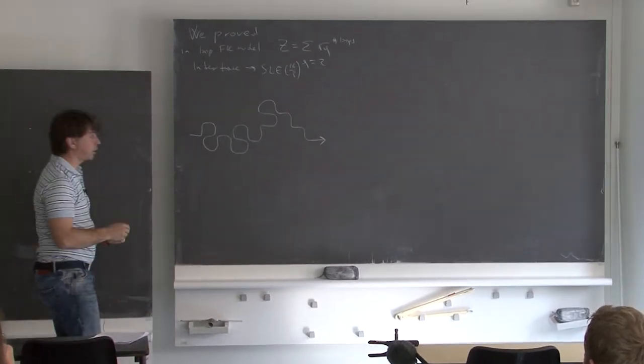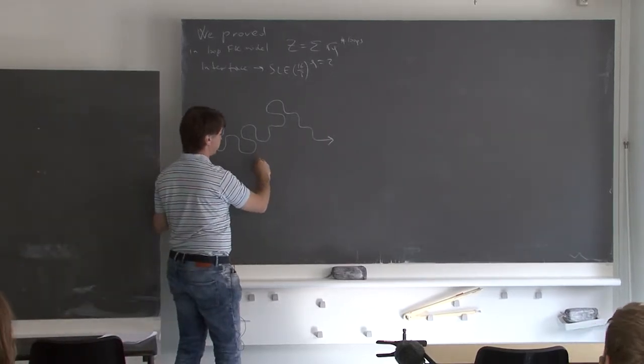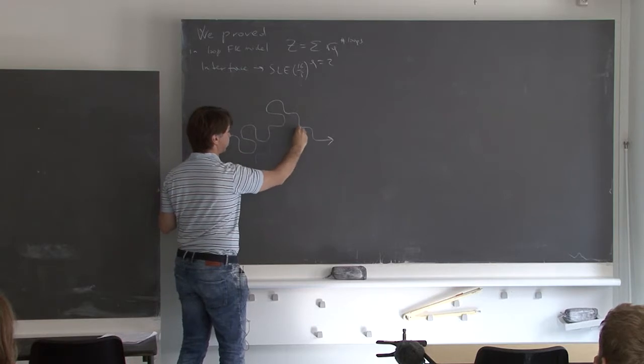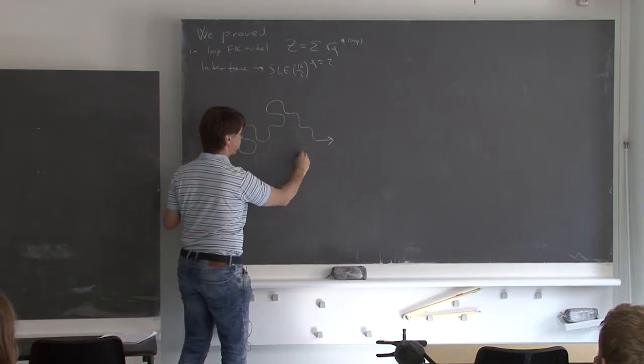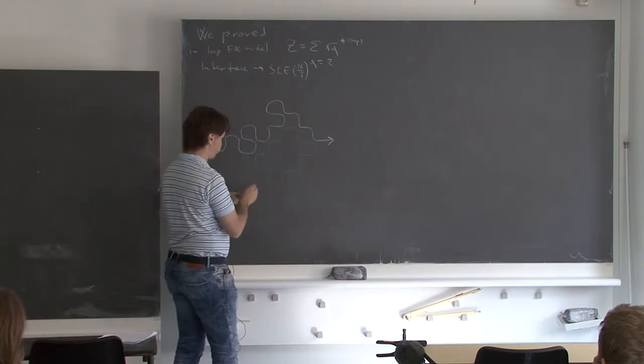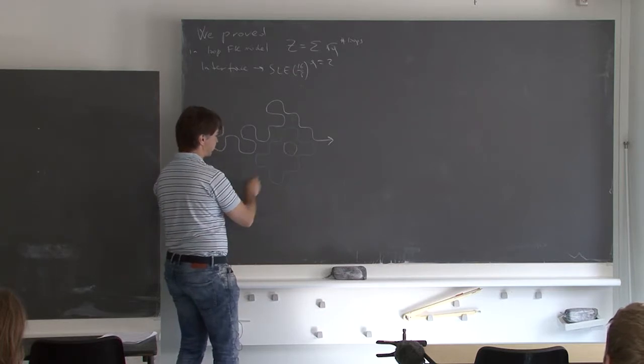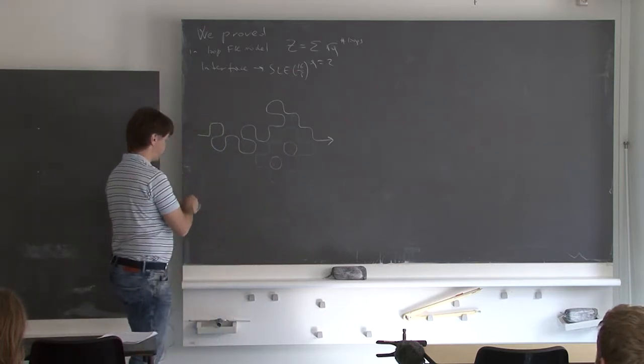So naturally there are many more things here. So there are loops. It can have a picture, for example, something like that. So there'll be different loops, which I just draw with different colors.